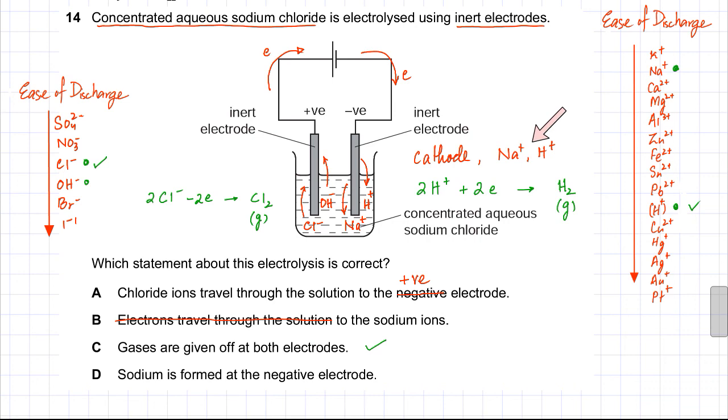Sodium ions are not getting discharged; it's actually the hydrogen ions. According to the reactivity series, it's the hydrogen ions that end up gaining electrons at the cathode. So the last statement, option D, is also incorrect. So option C is the correct statement that applies to this question.